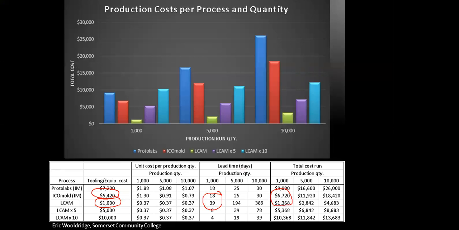You can save quite a bit of money by using a 3D printer. If you go to 5,000 units, you can save even more. And you go to 10,000, a lot of money. But the problem is you're looking at a long lead time, over a year to use one 3D printer to make all that. So in looking at that study, we said, okay, since we're saving so much money with the 3D printer, what if we switched over to using 5?